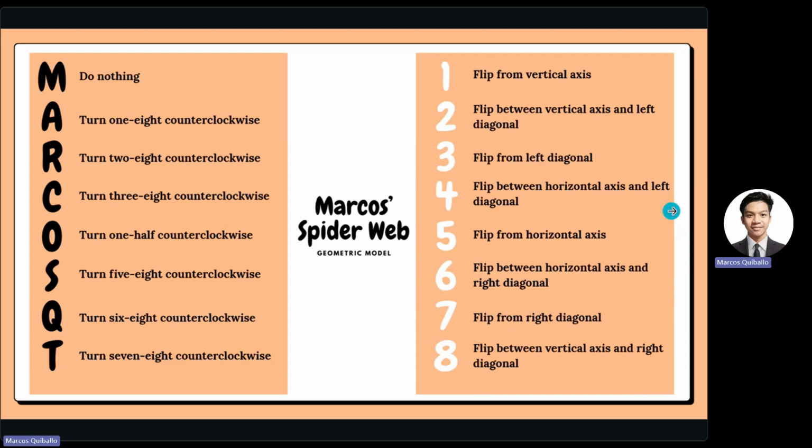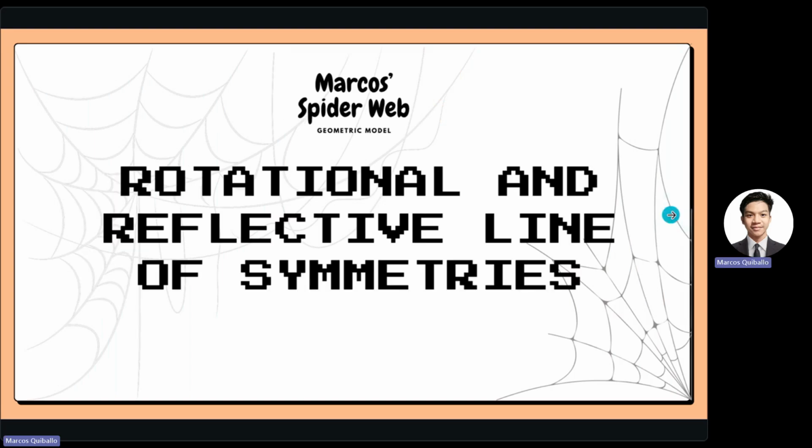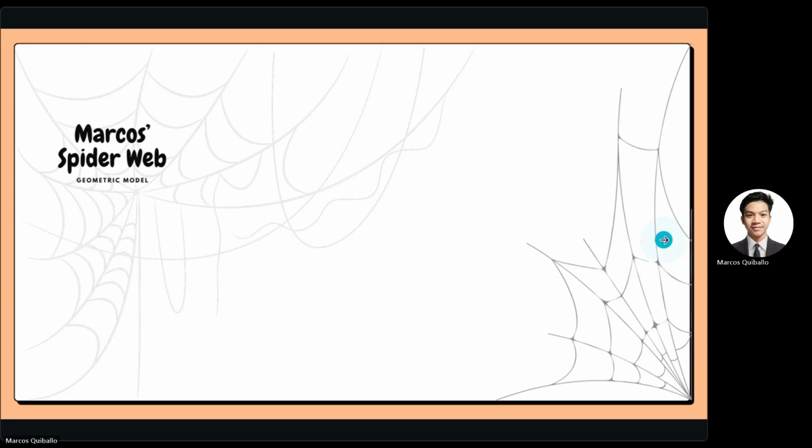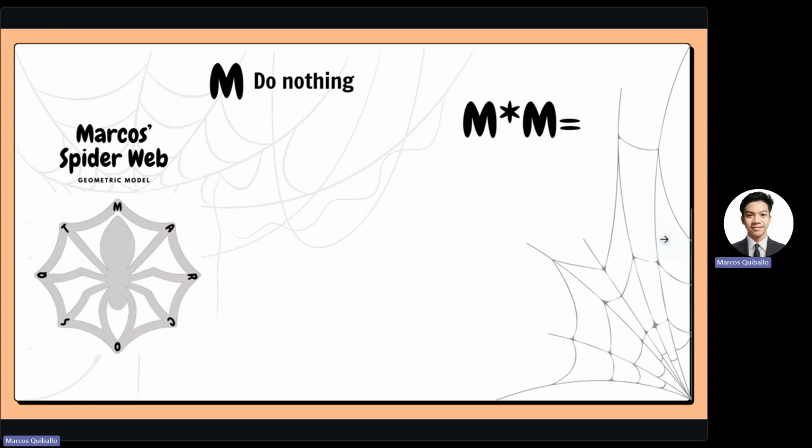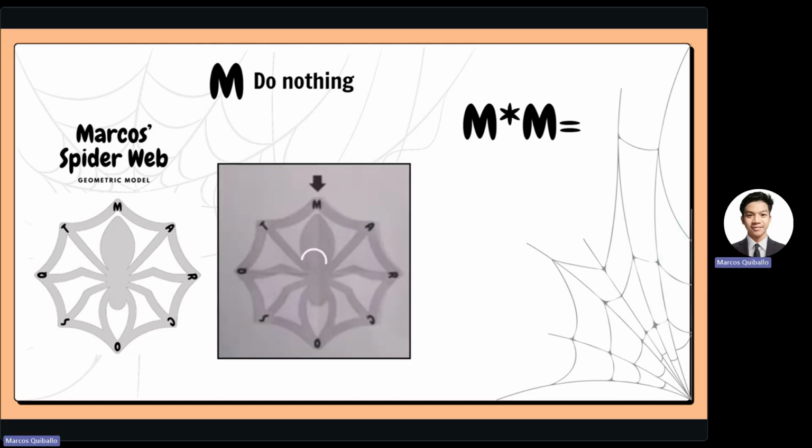To further understand those movements, let us explain the rotational and reflective lines of symmetry in my geometric model, which is Markos spiderweb. In letter M, we have do nothing, which means when we operate M star M, based on our video here, there is no movement.